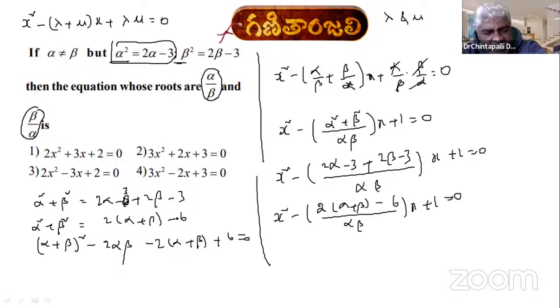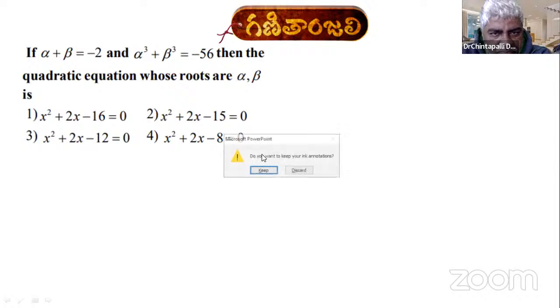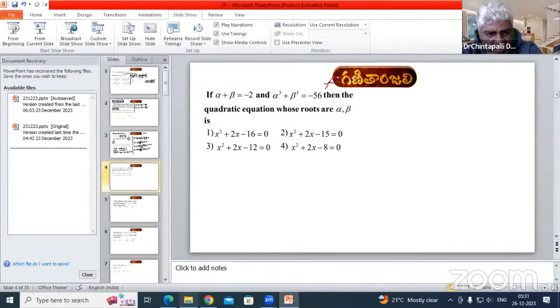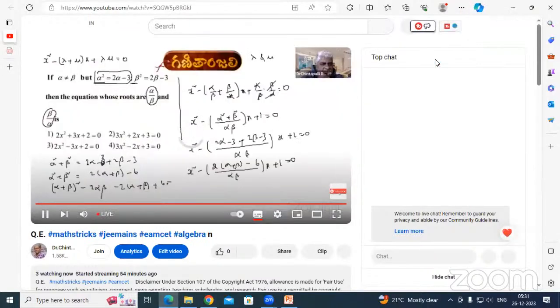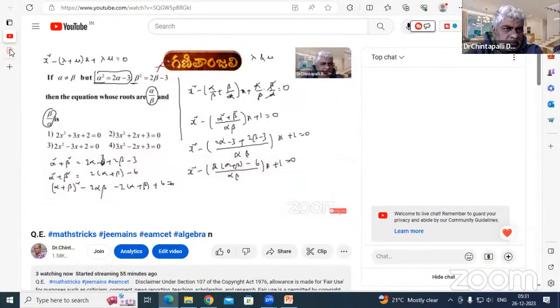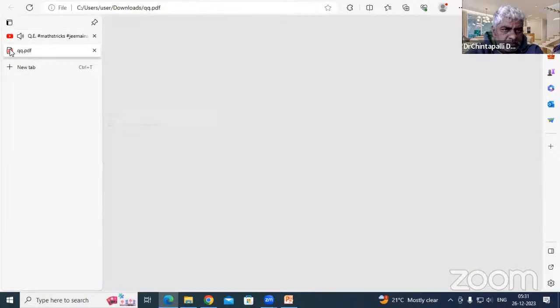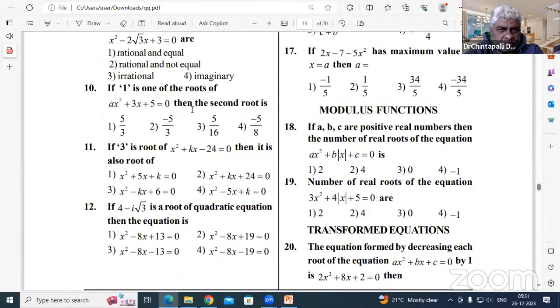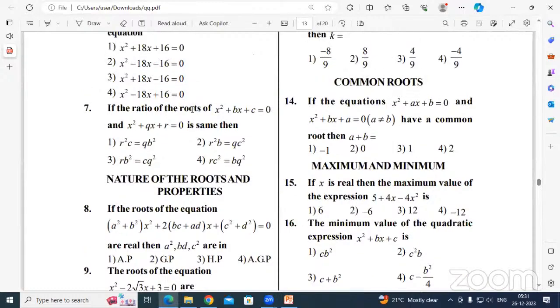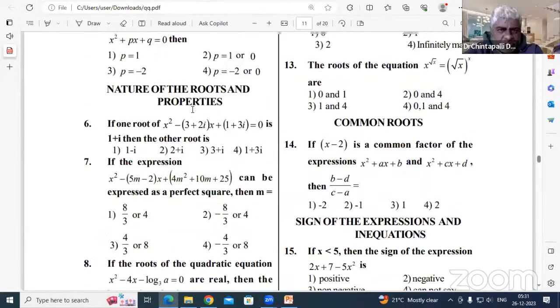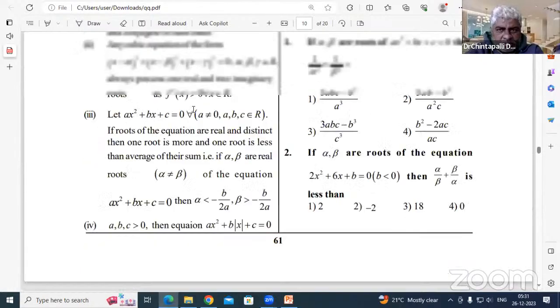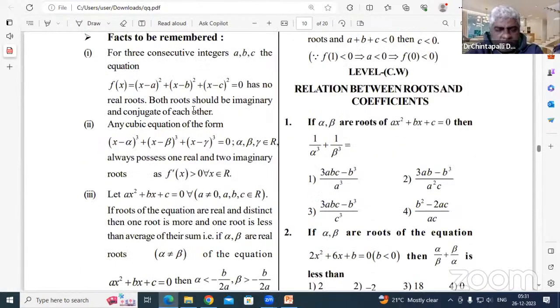I think some information is missed. Some data is missed in this question. I will show it.